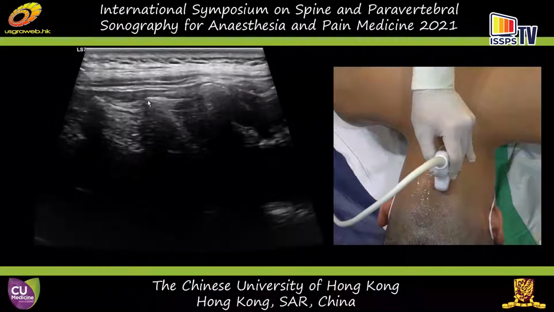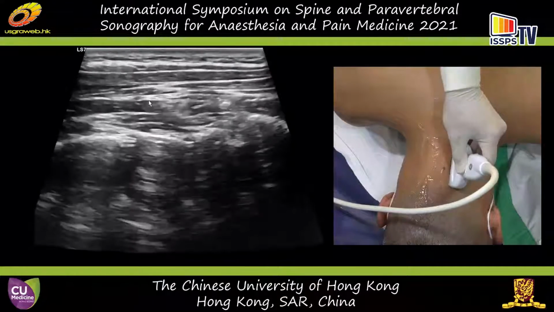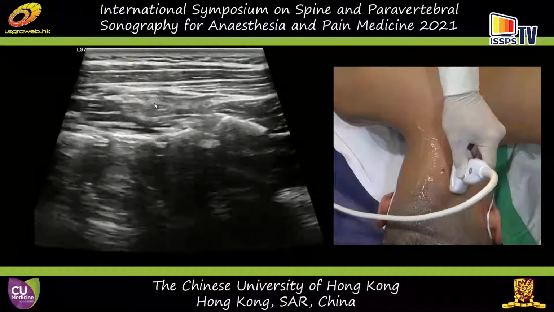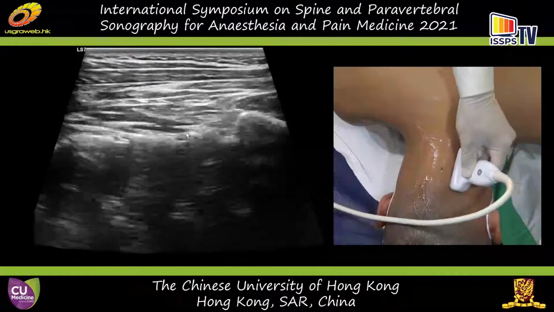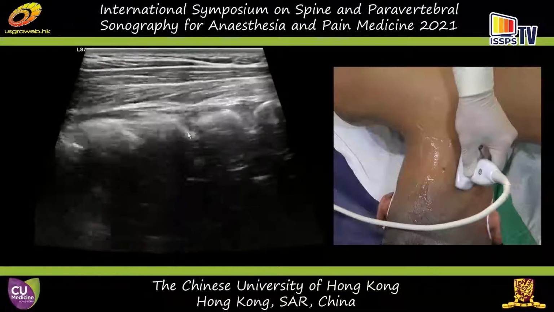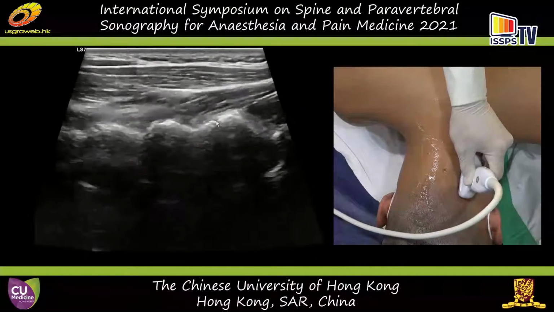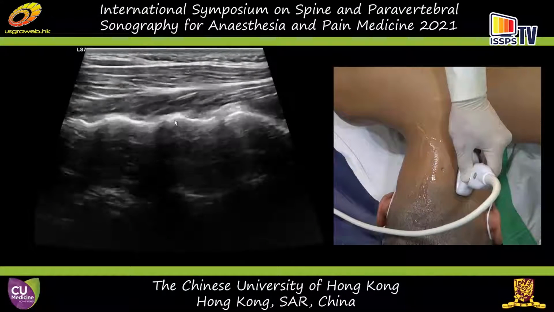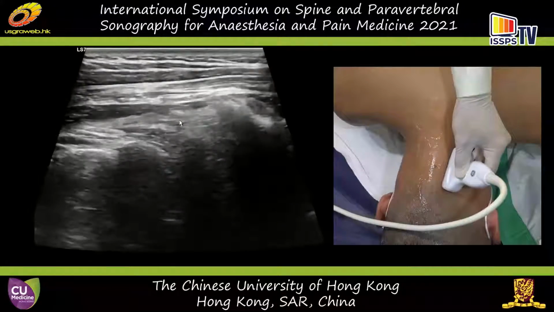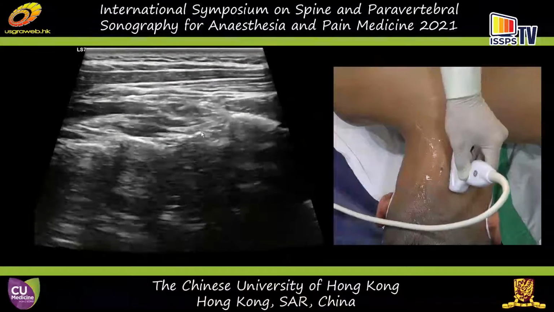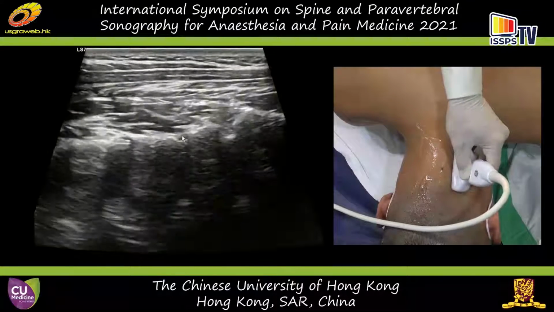If I go more lateral to that, if I do a paramedian sagittal, and keep going more lateral, this is the posterior part of the facet joint, and this is C2-3, and there's C3-4. But if I tilt the transducer more medial, then you're going to see the epidural space of the cervical spine.